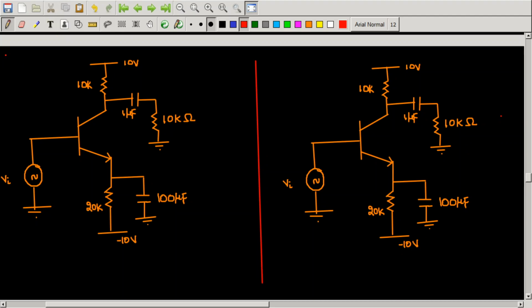Now let us do first DC analysis. Okay. So what does DC analysis say? You should deactivate all AC sources. So I should deactivate this source and I should open these two capacitors, right? Let me do that.